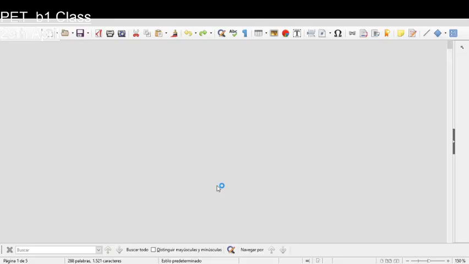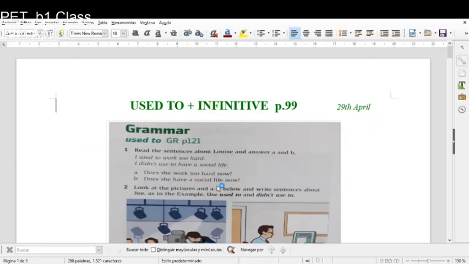Here we are. Then, page 99, everybody. Page 99, everybody. Used to. Then today's class, used to, present tense.